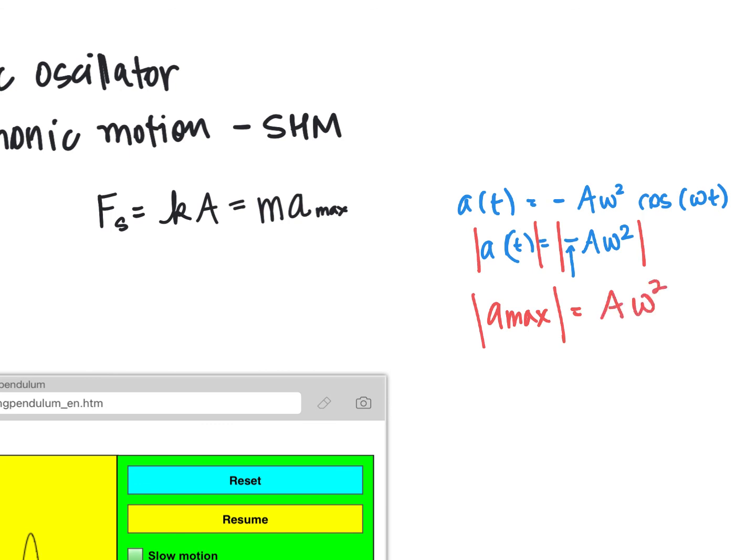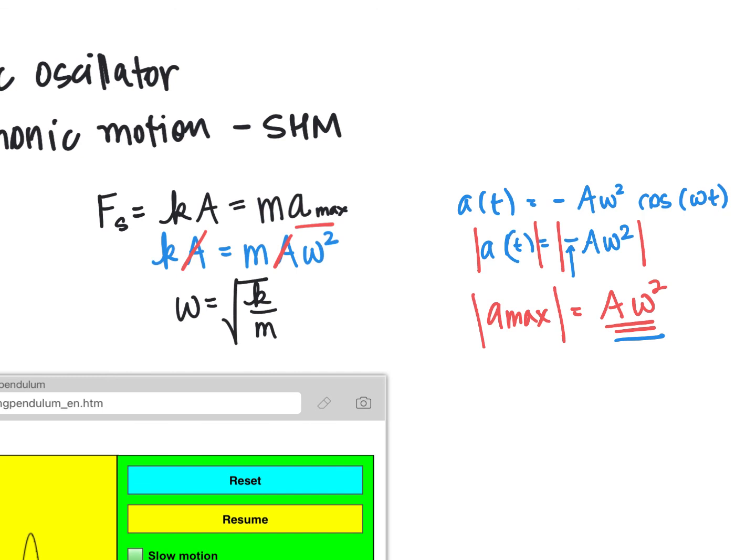So if we substitute this back in for our acceleration here, we would get that k times A, remember x is the maximum position, so amplitude A is the maximum position, equals m, and then capital A again for amplitude, times omega squared. So I'm making my substitution here, and I can do some algebra, divide by the amplitude on both sides, and I get that the angular frequency is the square root of k over m.